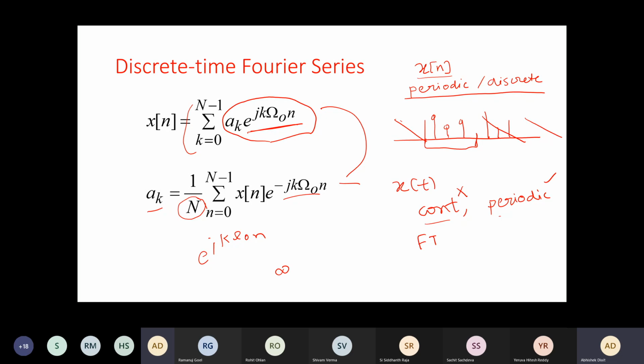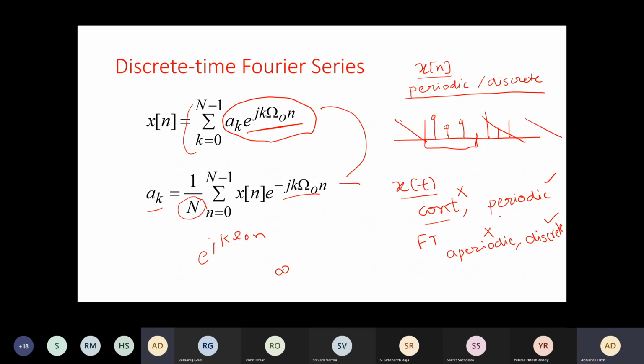Its Fourier transform is aperiodic and discrete. So this is bad and this is good. Because my x(t) has one good characteristic, its Fourier transform also has one good characteristic.